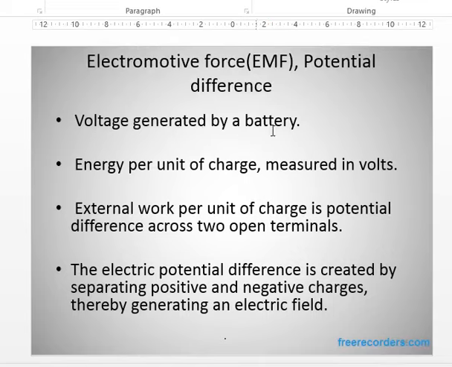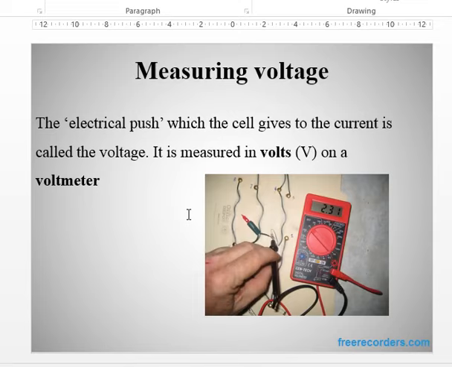Voltage is generated by energy per unit charge, also called electromotive force. External work done per unit charge is defined as the potential difference between any two terminals. Electric potential difference is created by separating positive and negative charges. So here we learn what a potential difference is.